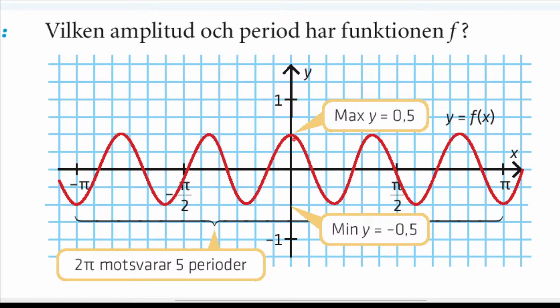So when I ask you what is the amplitude, amplitude is the maximum deviation from the equilibrium. Hopefully you agree that this is the amplitude, yes? How many grids do you see there? 2. Each grid was 0.25, so you double it, it becomes 0.5, so this is the value of the maximum.